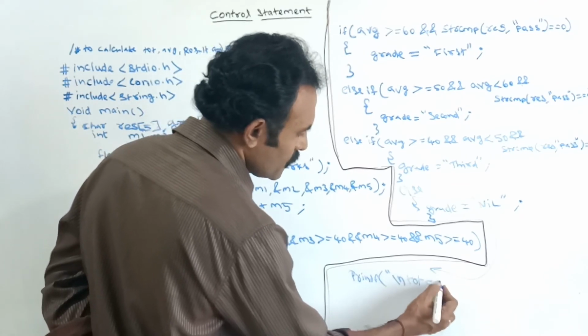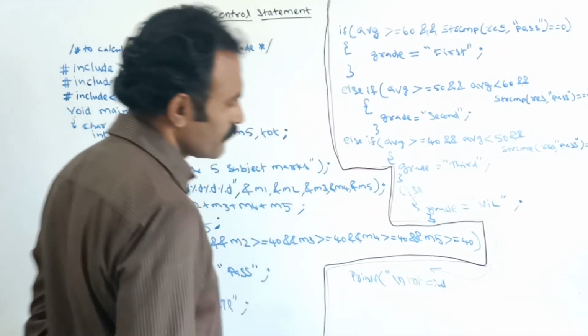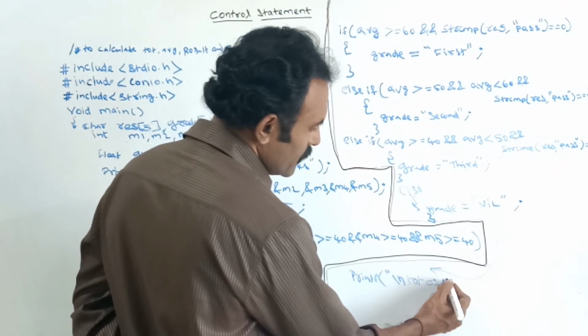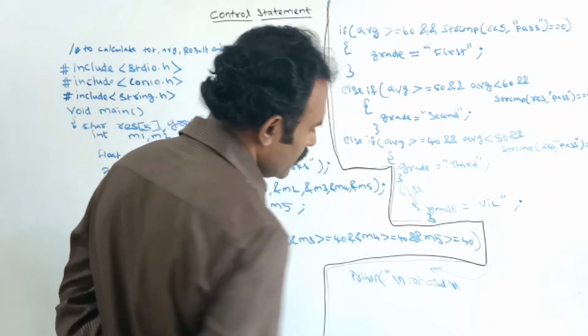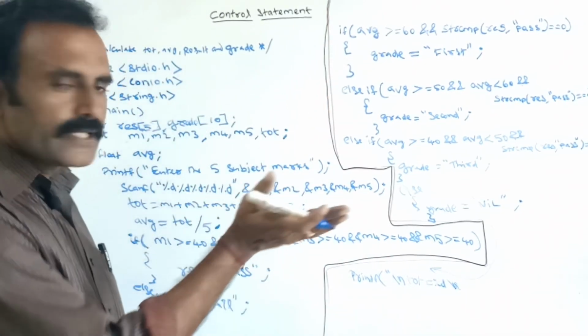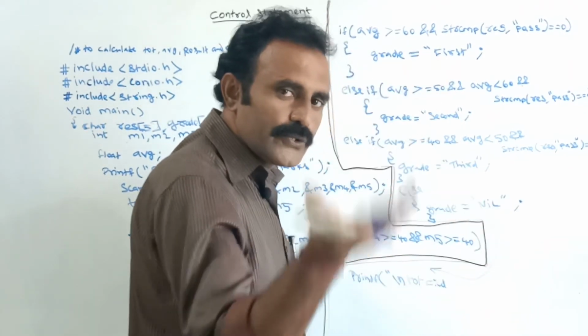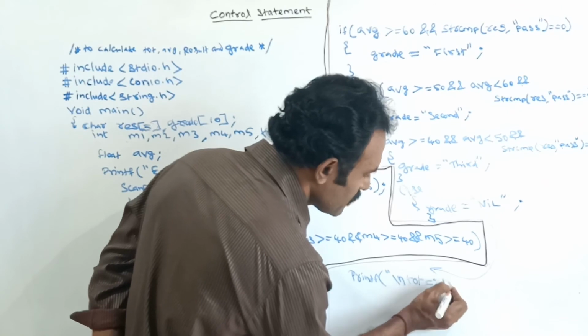Total is equal to percentage d. Next, again \n. That means first it will print the total, and after that the result will be printed in the new line, that is the next line. So here I am using \n.